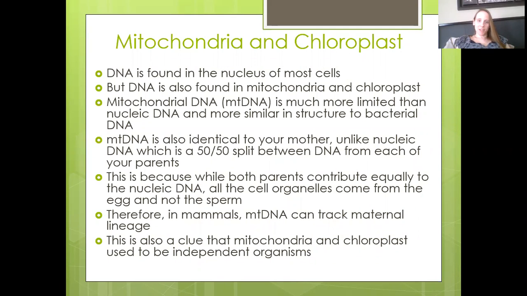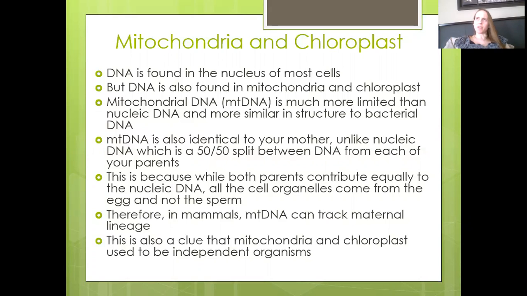Okay, the last thing I want to talk about is mitochondria and chloroplast. As you guys know, DNA is found in the nucleus of most cells, but DNA is also found in mitochondria and chloroplast. And it's hypothesized that this is because mitochondria and chloroplast used to be single-celled organisms before they became organelles, and that over time they evolved to become organelles.